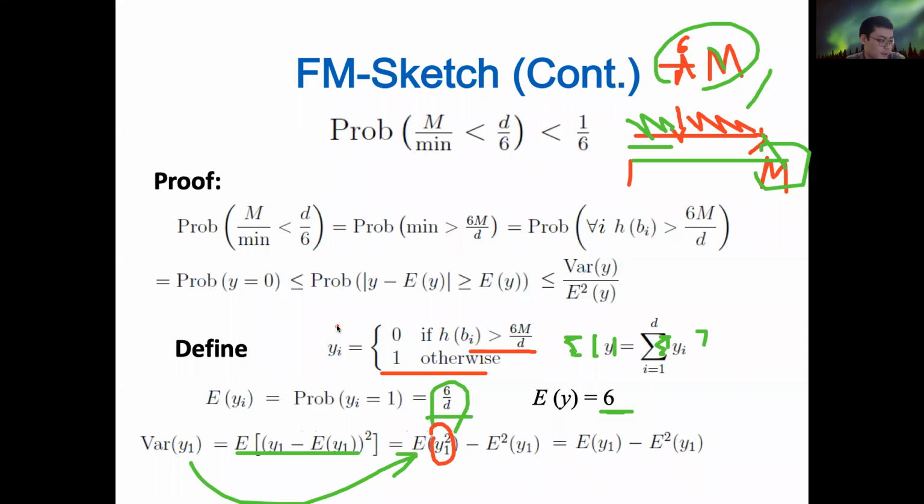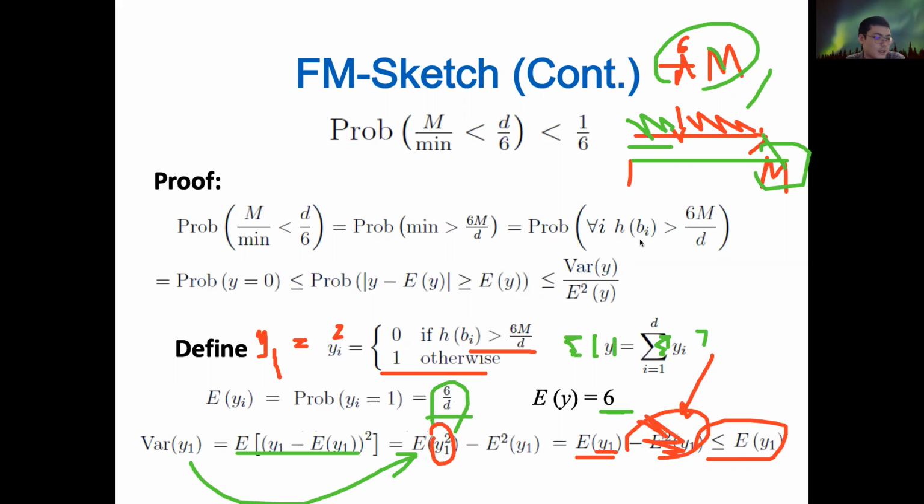So Y1 squared is what? 0 squared is still 0, 1 squared is still 1. So Y squared is equal to Y. So what we can just write as Y is the Y squared. So now expecting Y1 minus something, this is a non-negative number, squared. Of course, if you remove this term, you will be above EY. I hope you can see that.